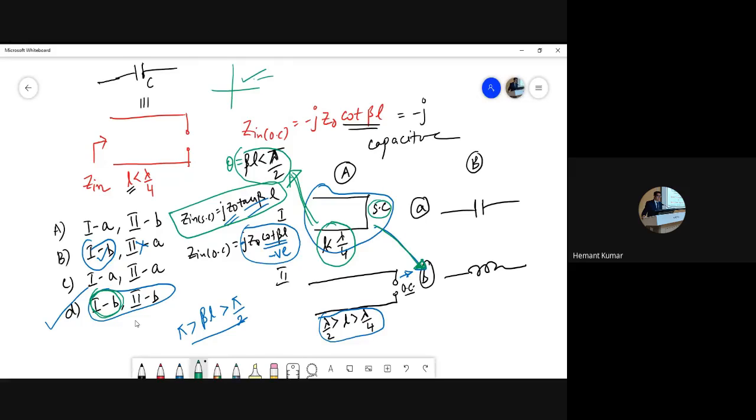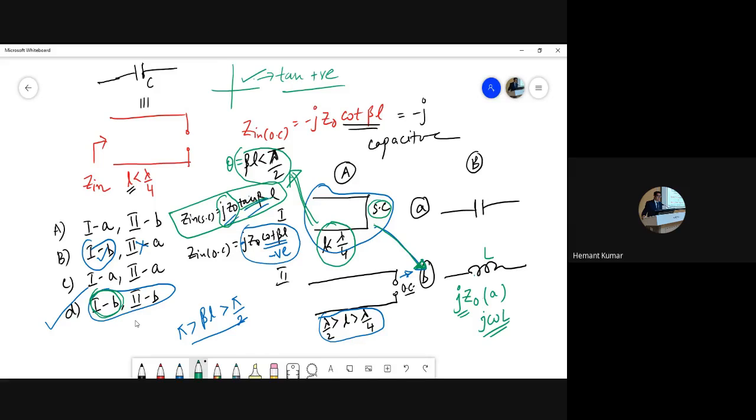In the first quadrant, tan is always positive. So this quantity is positive, and you will get j Z naught times a positive constant. So it is an inductive part, like j omega L. It can be replaced by an inductor whose value L we can calculate. Is this correct? Any doubt in this? No, sir.